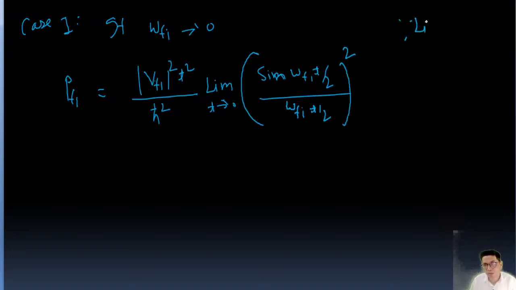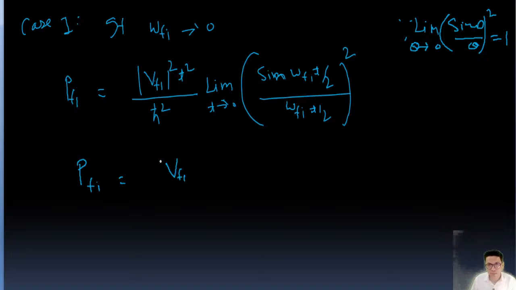I have already explained this in my mathematical physics lecture. Limit theta tends to 0 of sine theta upon theta is 1, and limit theta tends to 0 of sine theta upon theta whole square is also 1. So P_fi is going to be |V_fi|² t² upon h cut square, and this value is 1.